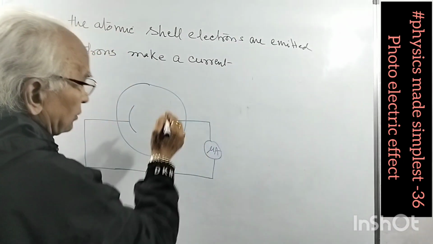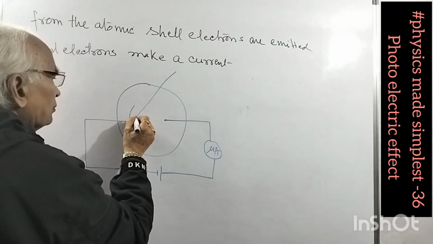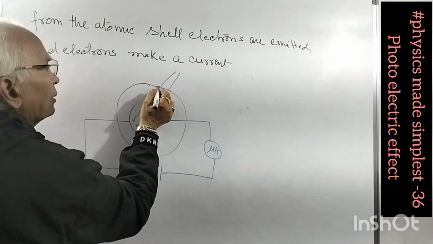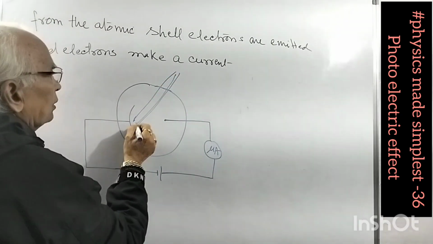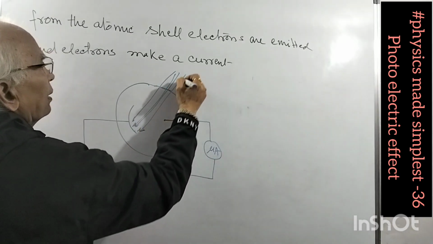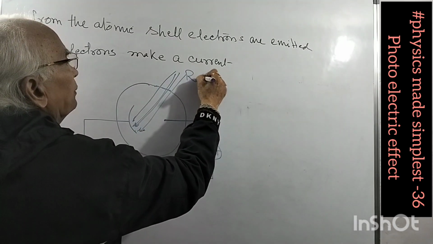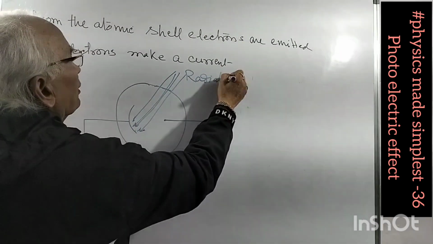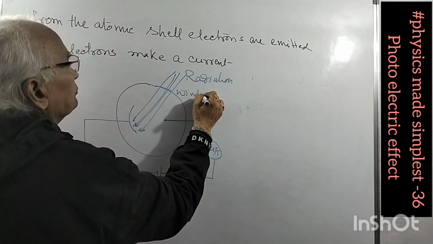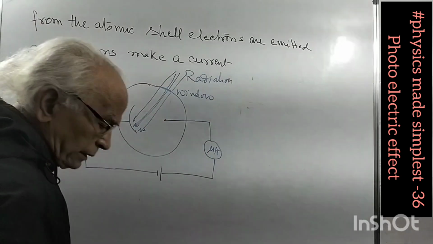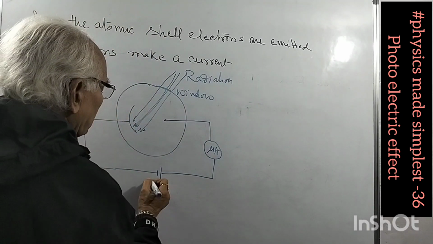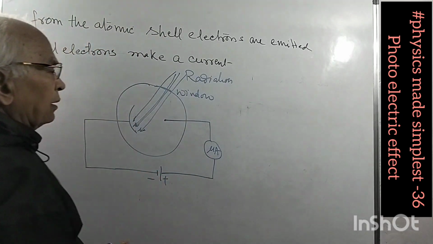Light is falling from the source. Radiation is coming from this side through a window, and falls on this negative electrode, the cathode.